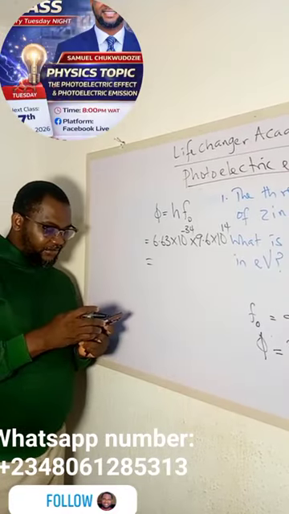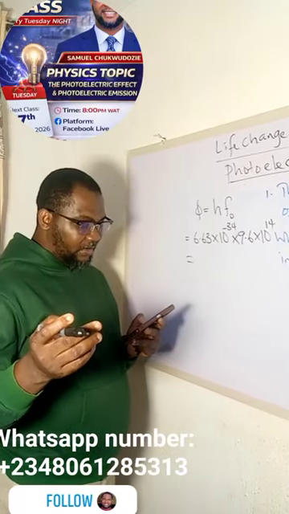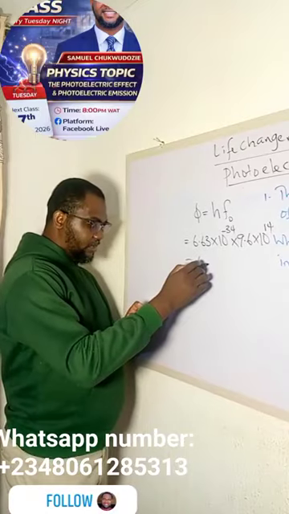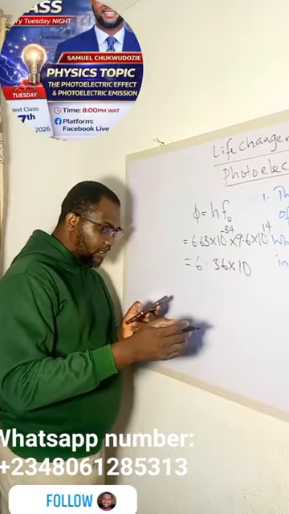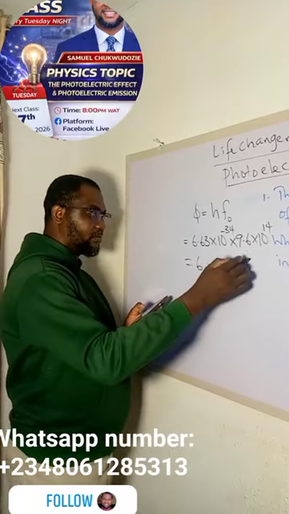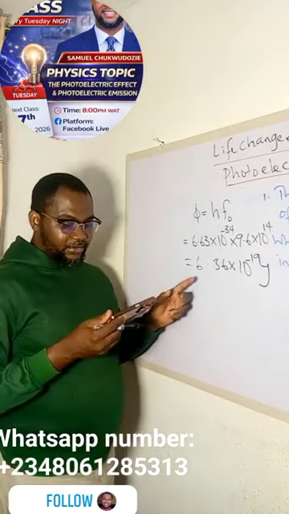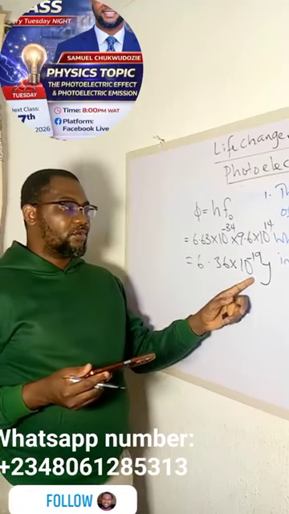I think my answer here is 6.63 times 10 to the power minus 19 joules.